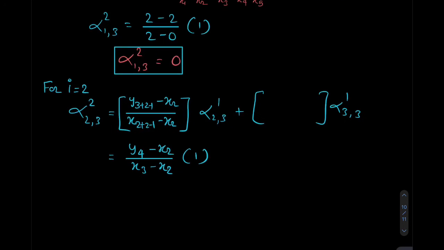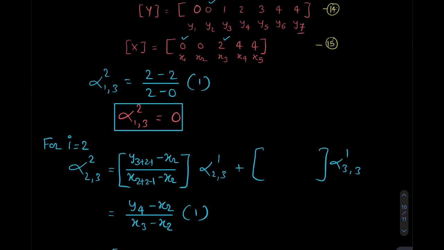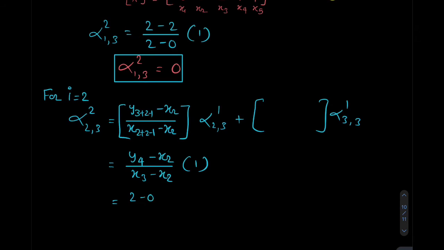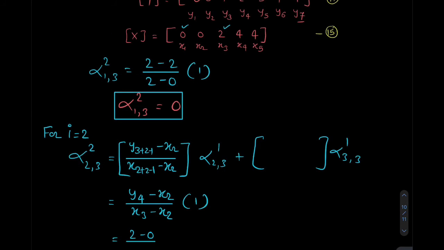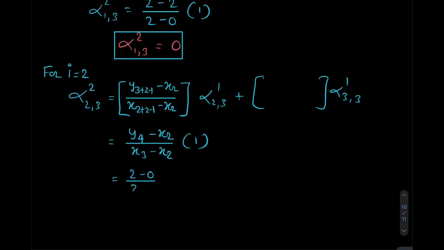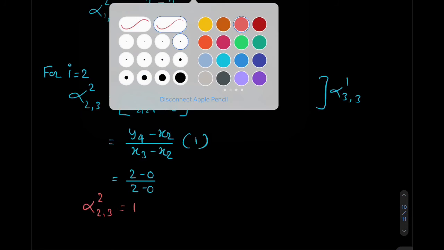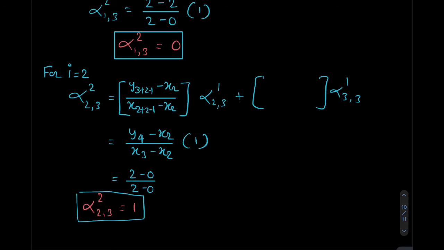The y4 value is 2 minus 0, divided by x3, which is 2 minus 0. So this value comes out to be unity now. So alpha 2 3 is unity.